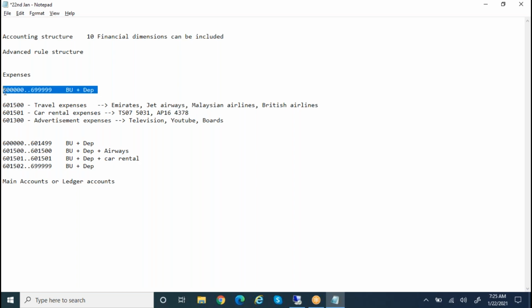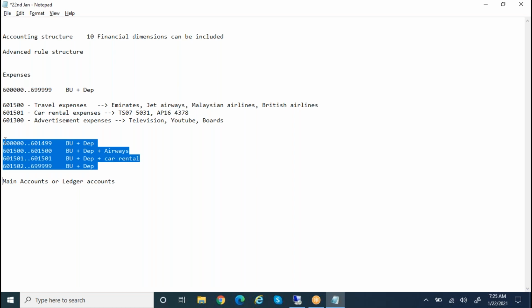Here I'm creating only one structure. I will create only one structure. On top of that, I can create 3 advanced rules or 4 advanced rules or 10 advanced rules. So to minimize the accounting structures, the look and feel will be easy for you. If you keep on creating like this, it will be a hectic job for you.